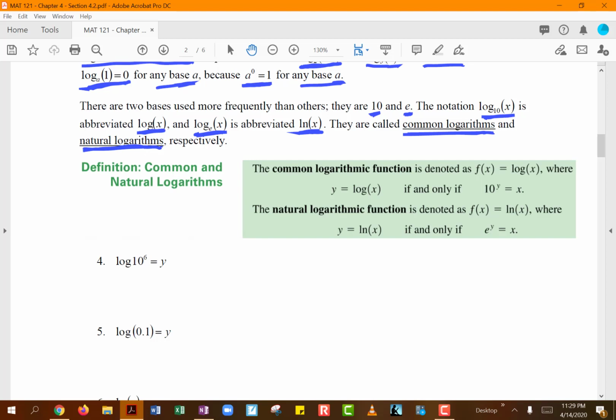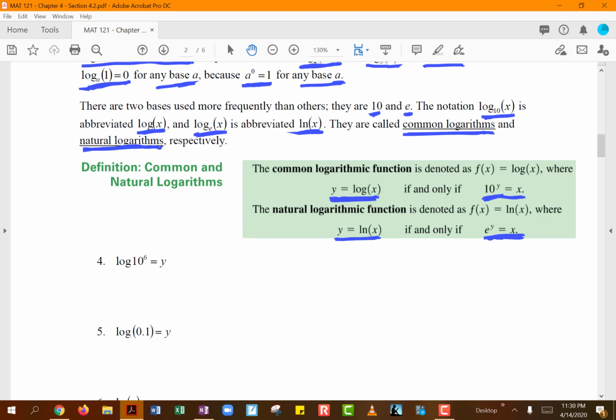If you have y equals log of x, remember, this is base 10, so you can rewrite it as 10 to the exponent y equals x. For natural log, where you have y equals natural log of x, which is a base e logarithm, we can say e raised to the power of y equals x. So again, using that same relationship, but this time on common log and natural log.